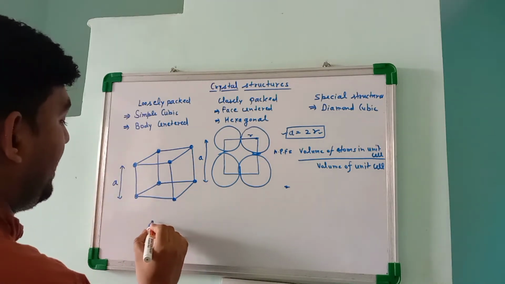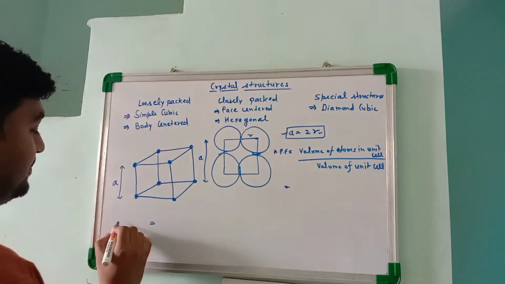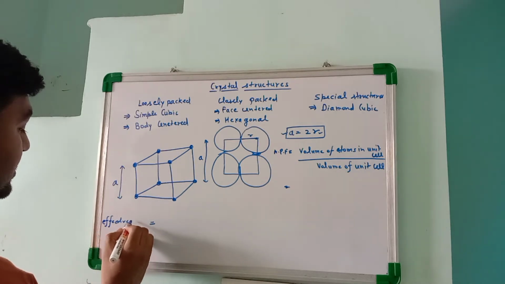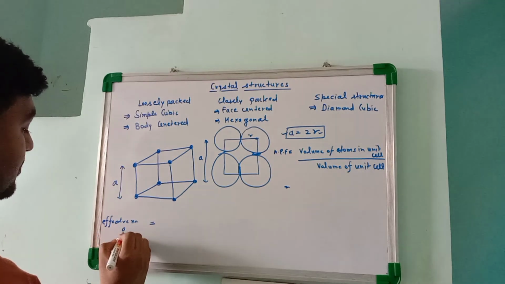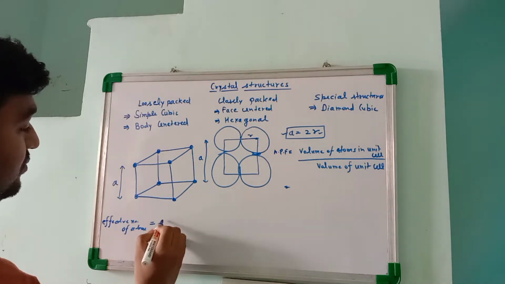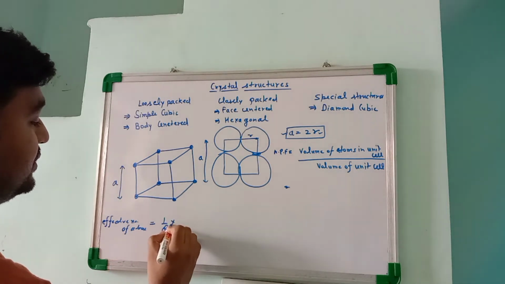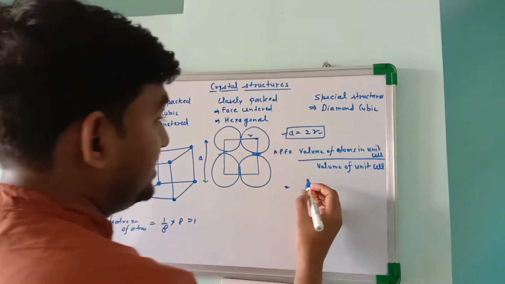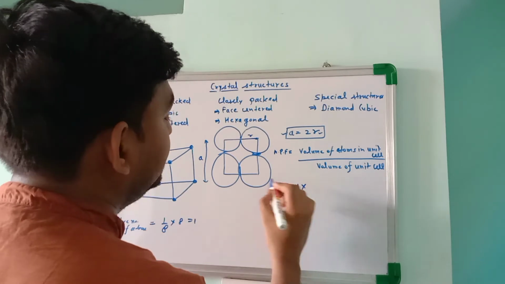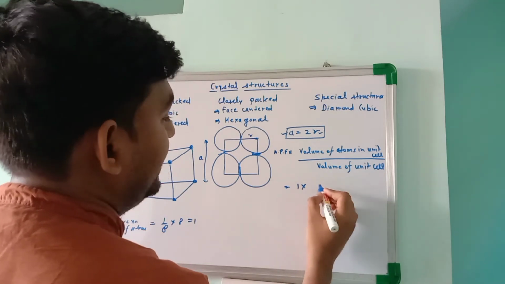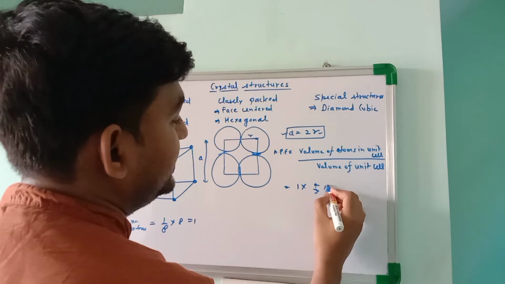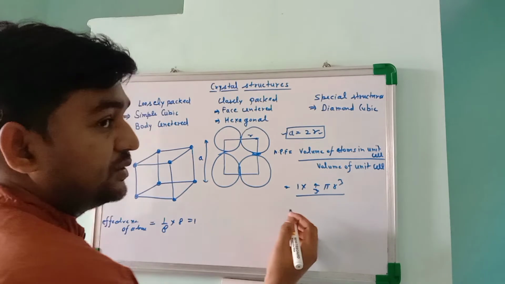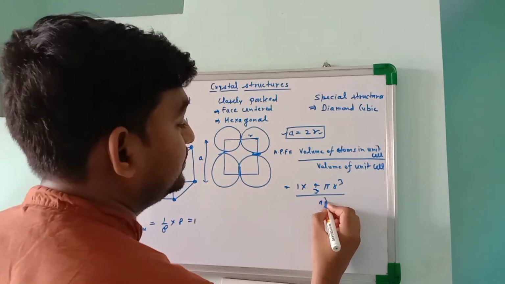That means the effective number of atoms equals 1 by 8 into 8, that is 1. So the number of effective atoms is 1 and the volume of atom is 4 upon 3 pi r cube, and the volume of unit cell, because this is a cubic cell, is a cube.